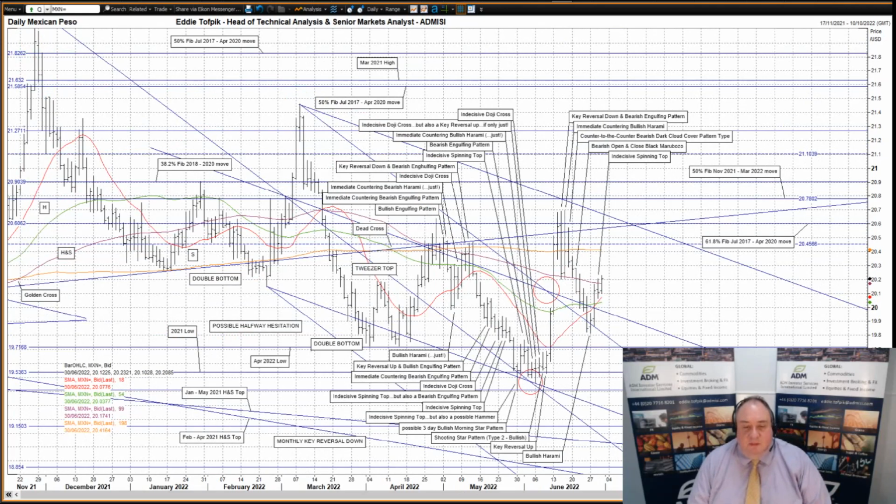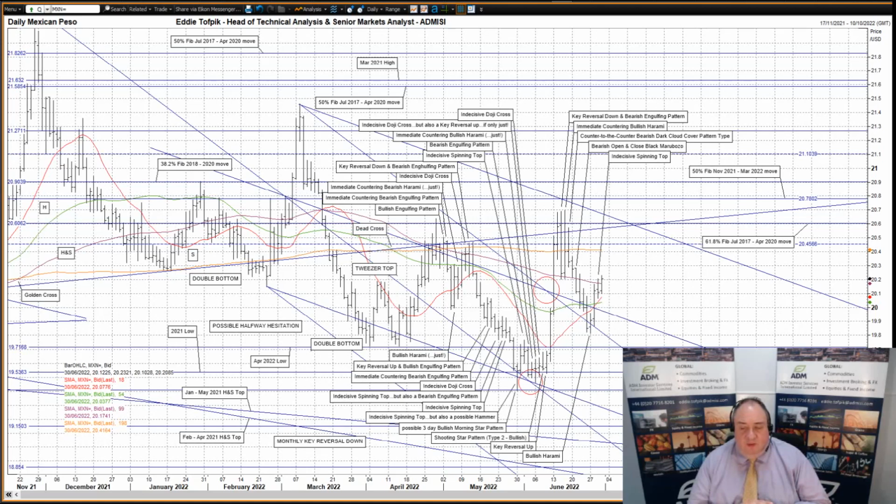US dollar against the Mexican peso. A higher, yet still indecisive spinning top yesterday. The market still managed to stabilize over the middle time, currently at 19.9795, with a broken November 21 to March 22 bearish shift pitchfork, as well as a slowly rising short-medium moving average, currently 20.0381, and even managed to breach but not close over the slowly declining medium moving average, currently at 20.1743.